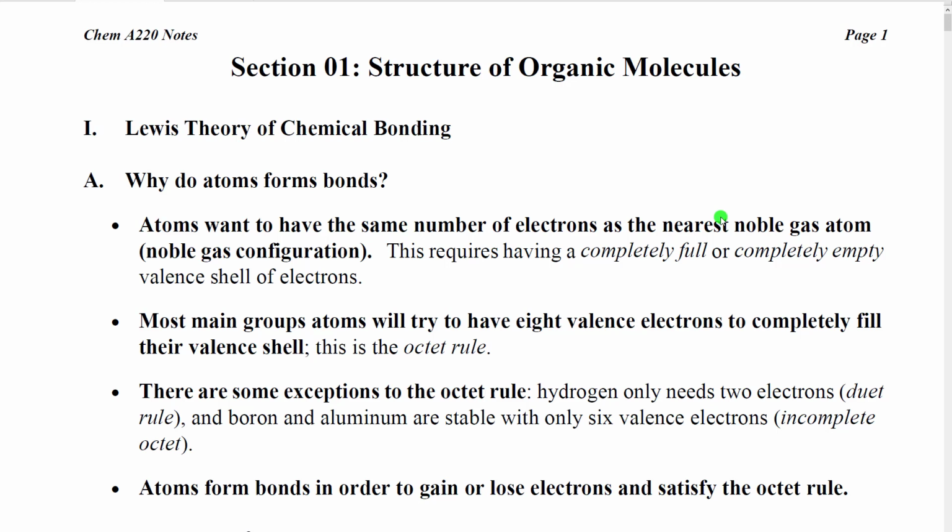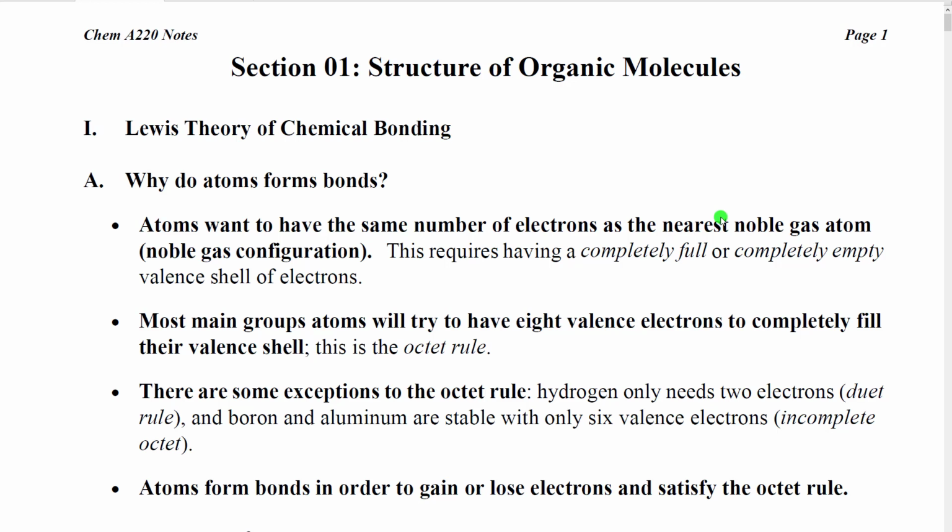One of the important things about the Lewis theory that's kind of missed in the discussion is that the Lewis theory was really the first viable theory to explain why atoms formed bonds. Really, up until that time, there was no explanation for why atoms bonded together to form molecules.